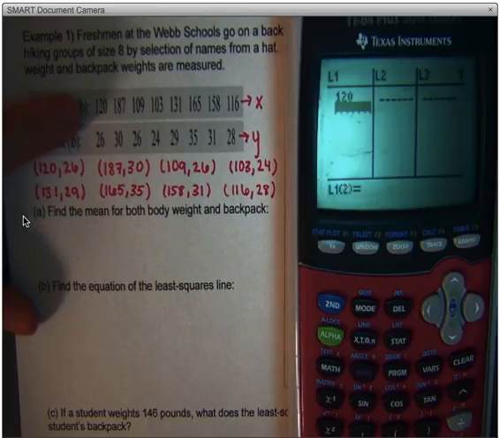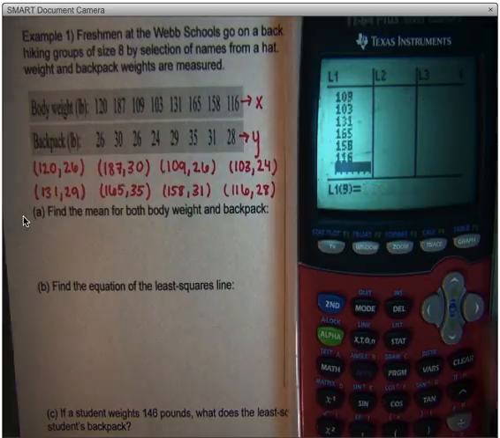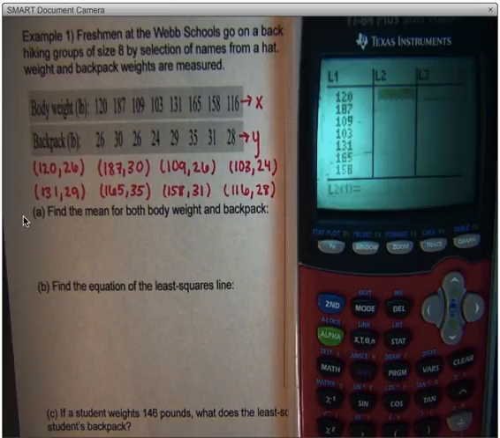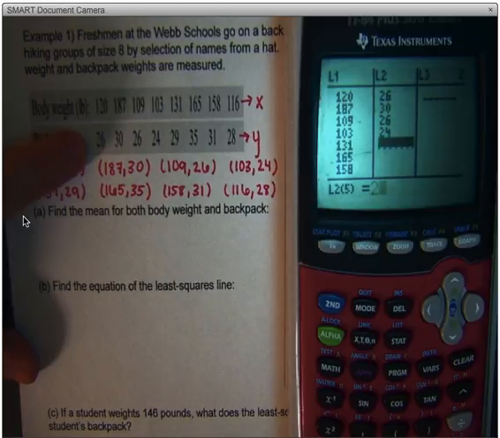So 120, 187, all the way to 116. Once I entered my last X value, arrow over so that you're under L2, and then enter your Y values. So 26 all the way to the 28.